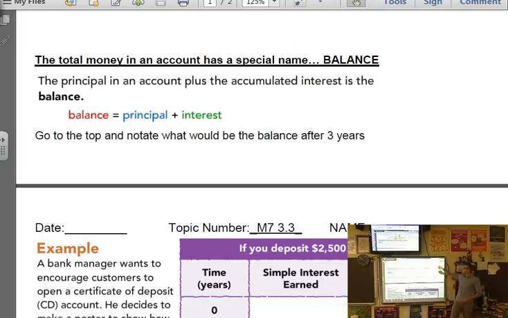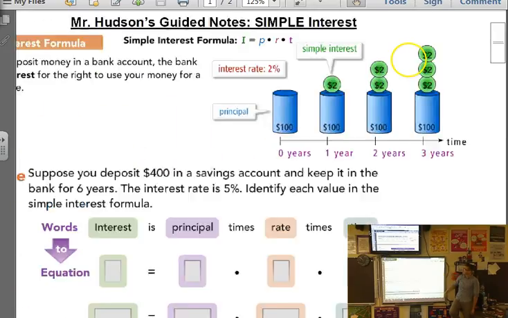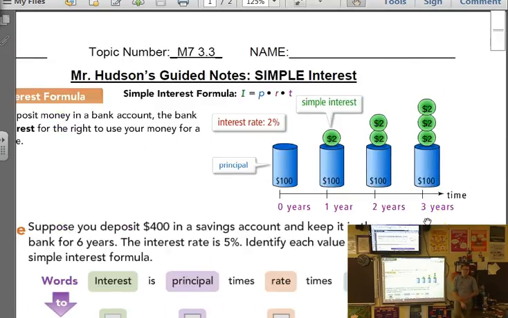So if we go back up to the very first intro problem, right here. What was my principal amount? How much money did we invest to start? $100, right?